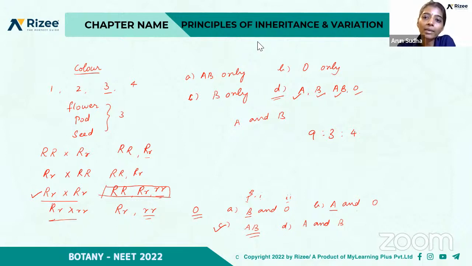So practice these types of problems in this chapter. And also under blood group, what are the possible blood types that can be found in an offspring if the parents have these two blood groups. Those types of questions you also practice in this chapter.